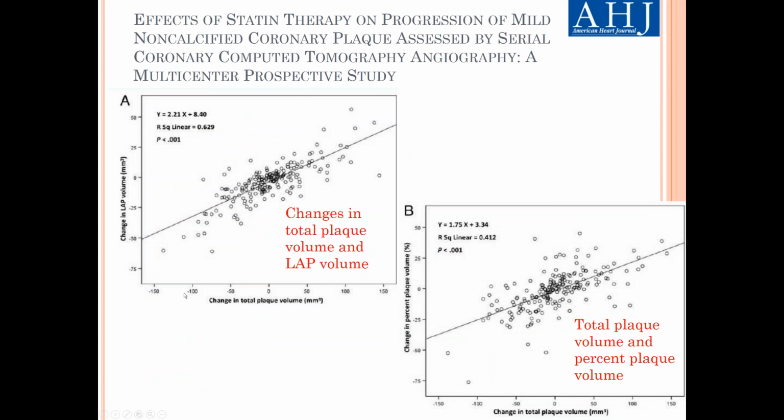And they applied a linear regression of changes in total plaque volume and low attenuation plaque volume, and low attenuation plaque volume correlated with the change in total plaque volume. There was also looking at changes in total plaque volume versus the size of the plaque, and there was also on linear regression a decrease.